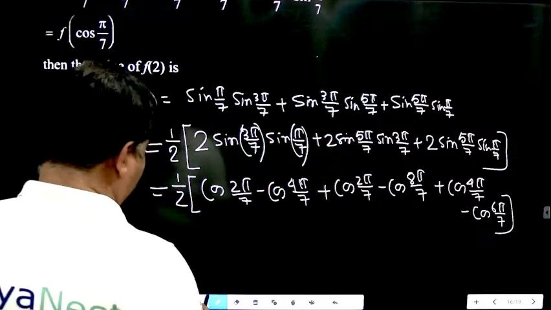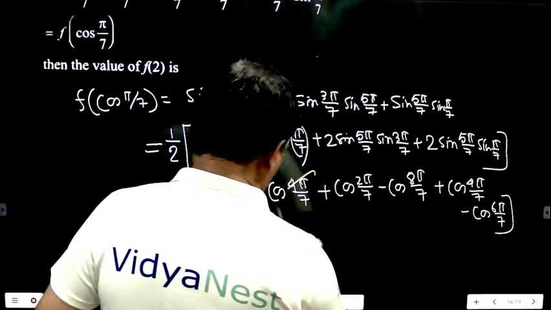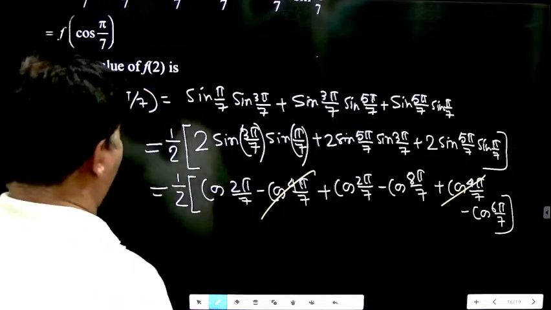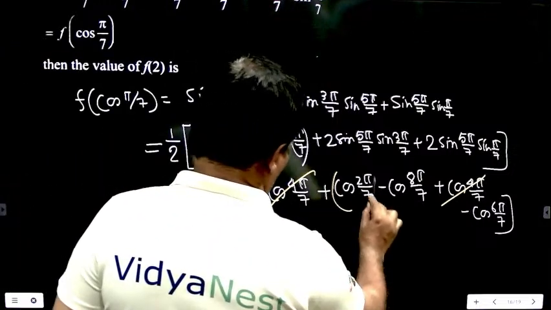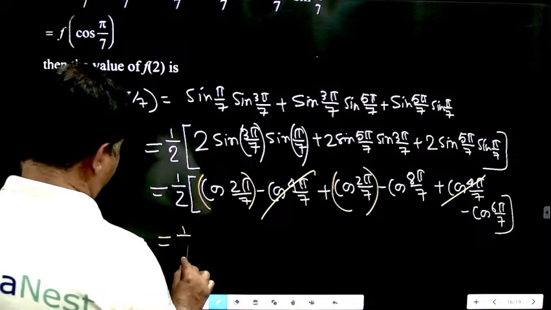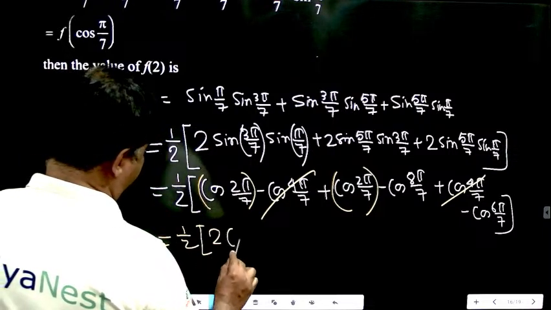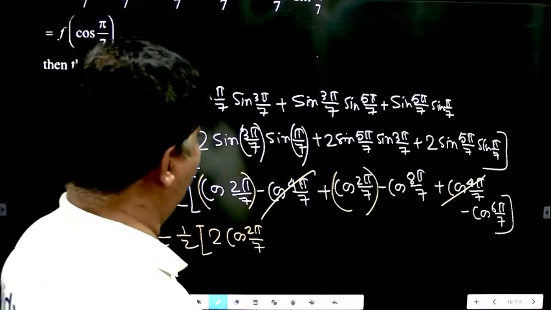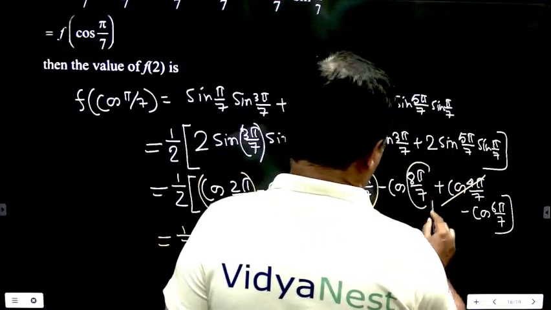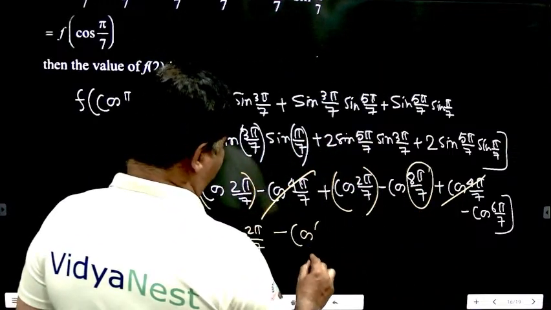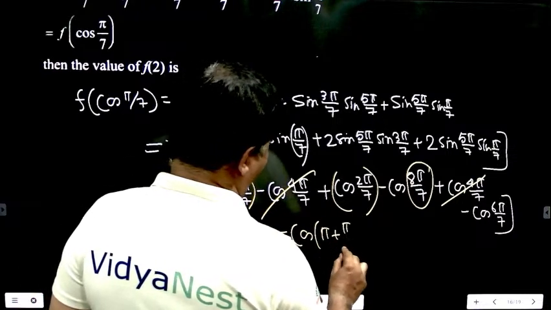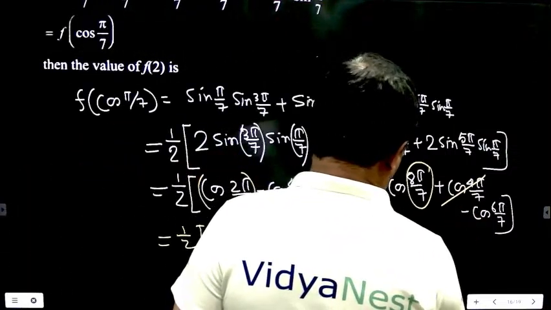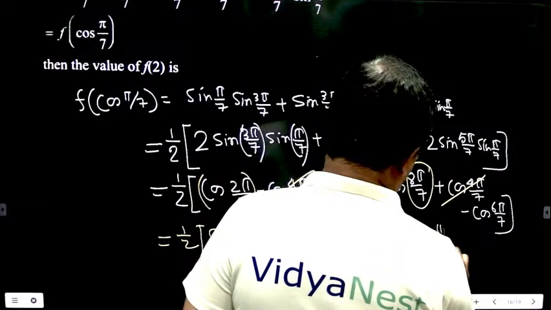Yes. One sum is directly cancelled, one expression, and another expression will be reduced after addition. Now, instead of 8 pi by 7, if you wish, you can write pi plus pi by 7. And instead of 6 pi by 7, you can write pi minus pi by 7.